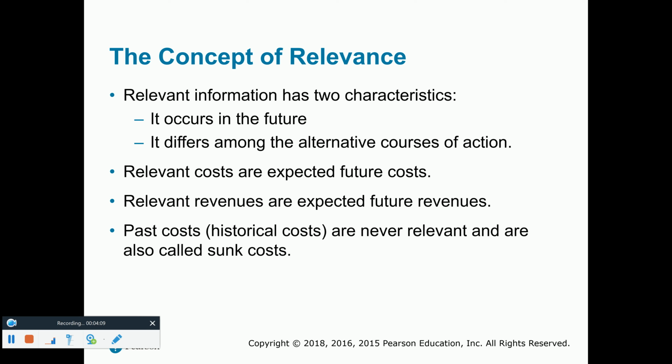Another thing we need to understand with the concept of relevant is past costs, or historical costs. Those are costs that are already made. We can't change time. We can't turn back time and say, I wish I didn't make that cost, I didn't spend that money.